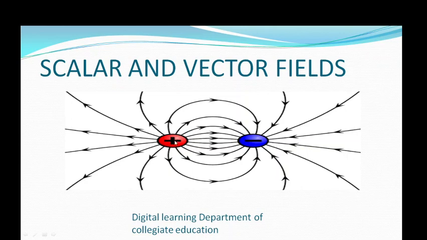From the positive charge, electric lines of force are diverging, whereas at the negative charge, electric lines of force are converging. But in between, in some regions the electric field is uniform, but in other regions the electric field is not uniform.